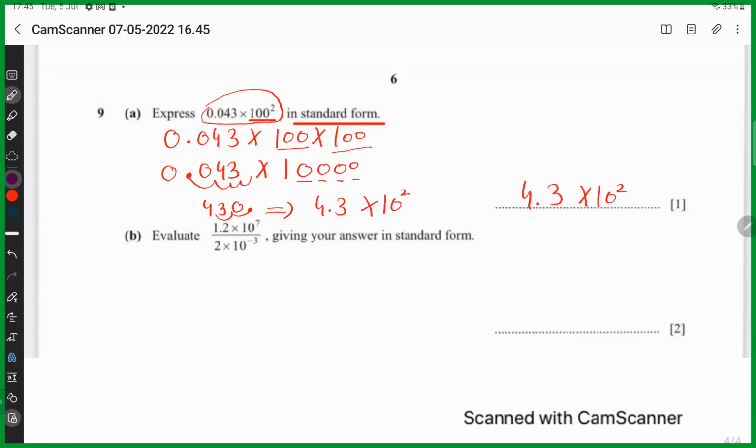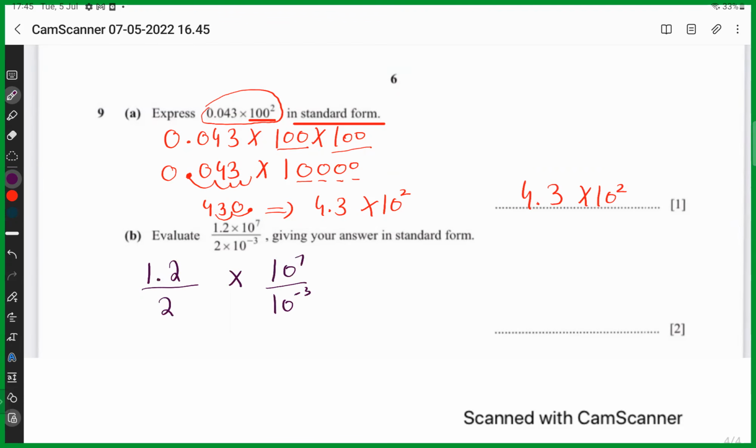Okay. First of all, I'll write it down this way. 1.2 is divided by 2. And then I'm just separating the 10 stuff over there. It's 10 power 7 and it's 10 power minus 3. I've separated it on the other side. Now, without calculator, 1.2 divided by 2 would be difficult.